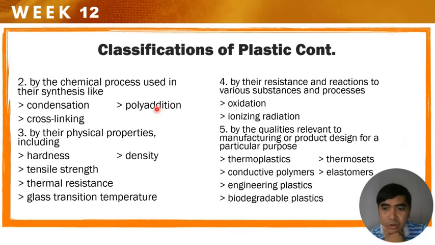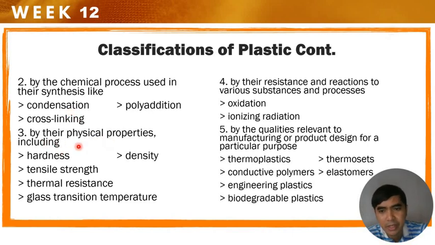It is also called addition polymerization. It is a polymerization reaction that forms polymers via individual addition reactions. It is synonymous with, or has the same process as, condensation. It combines different polymers.